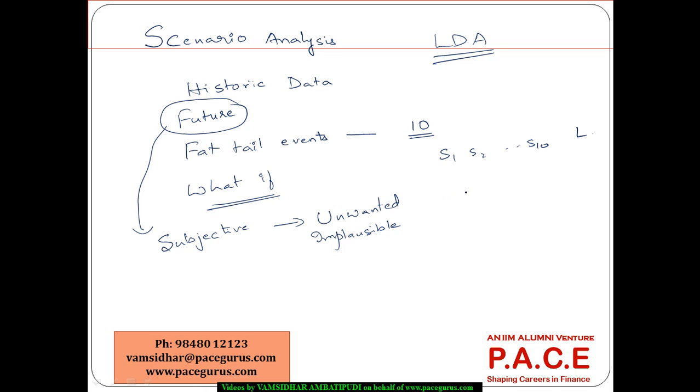And at the same time, the data points will be much lesser. I may not create hundreds of scenarios, very difficult for me to visualize. So the techniques become more and more complex. If my data points are much lesser, the techniques become more complex to come out with the loss distribution. So this is one major disadvantage that comes with the scenario analysis kind of an approach.